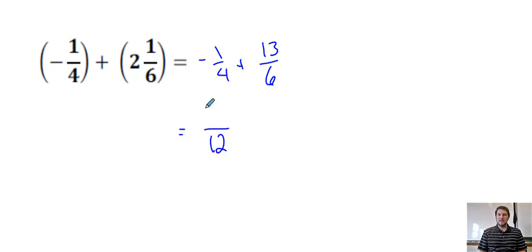So I take this negative 1 and multiply it by 3, and I get negative 3. How do I turn a 6 into a 12? I multiply it by 2. So I also multiply this 13 by 2, and get 26 over 12. Now, because my denominators are the same, I can just add the numerators. Negative 3 plus 26 gives me 23 over 12.